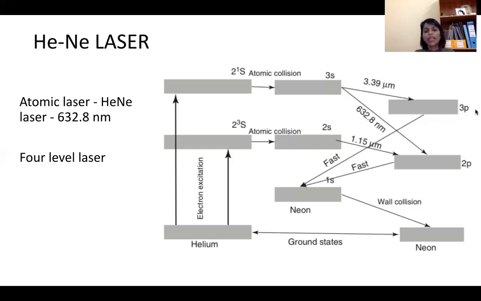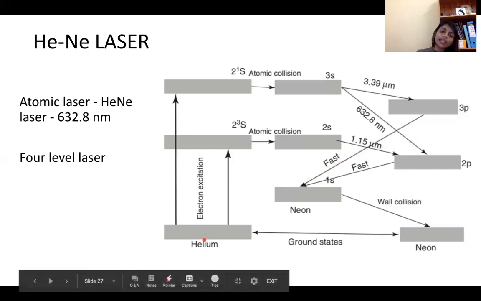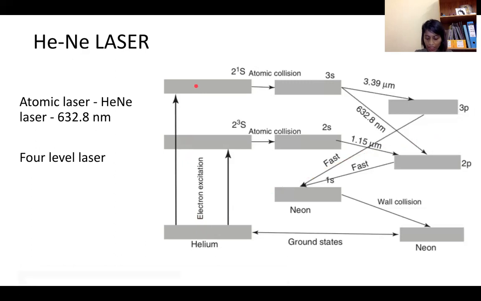First, they interact with helium, and helium electrons will be excited to upper energy levels. Then they will drop back to metastable levels.